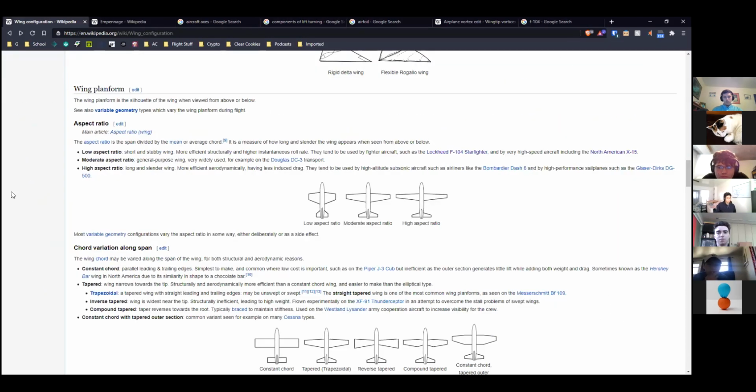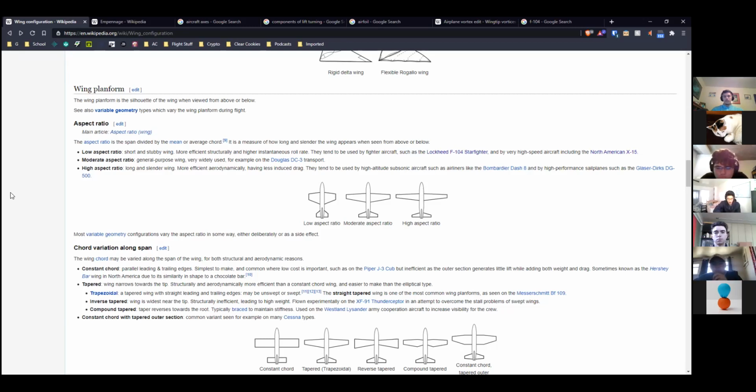And the greater your aspect ratio, generally the lower your induced drag will be. And induced drag is created anytime you're creating lift, and it's kind of related to the vortices I was talking about.